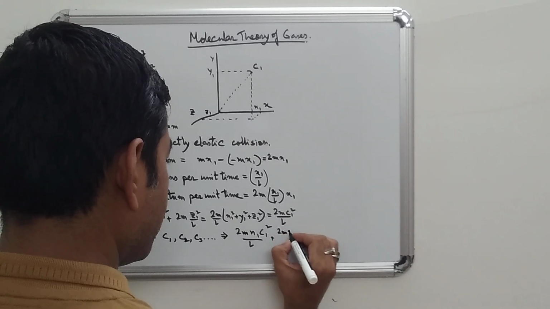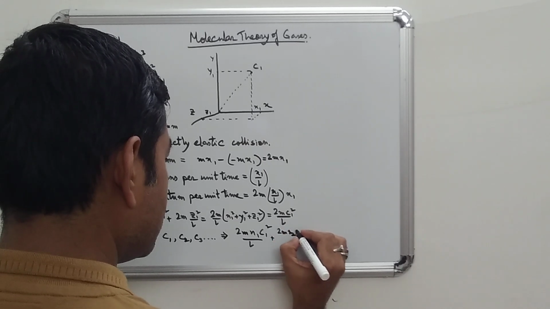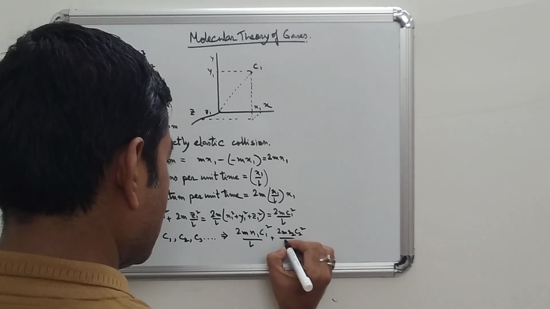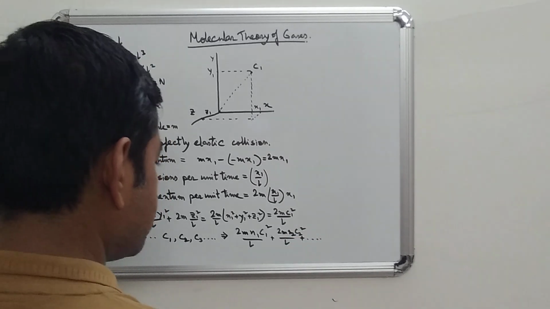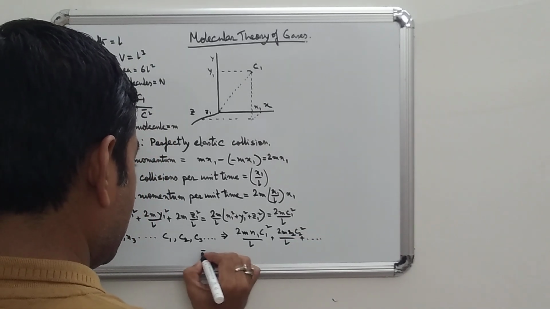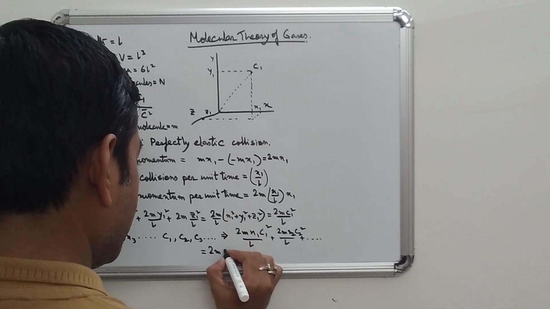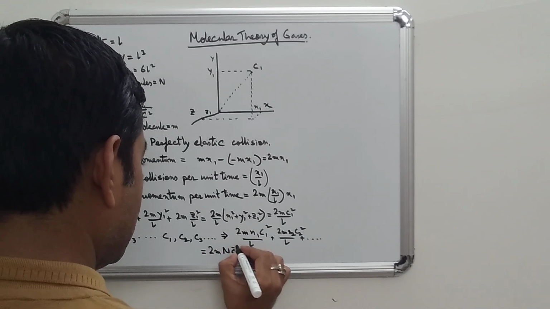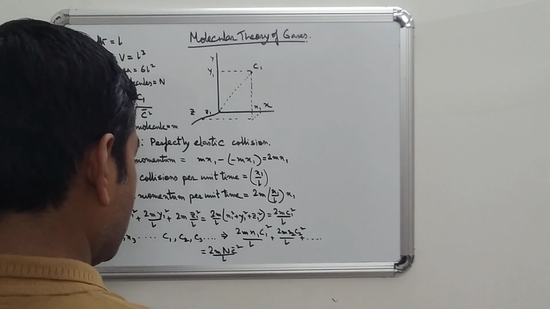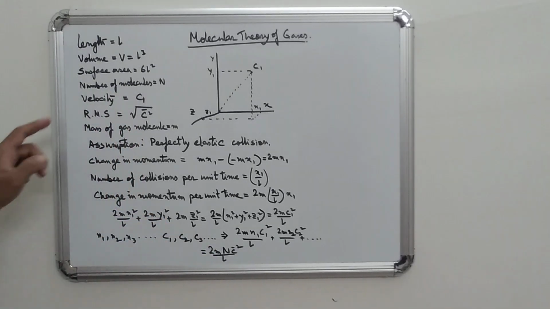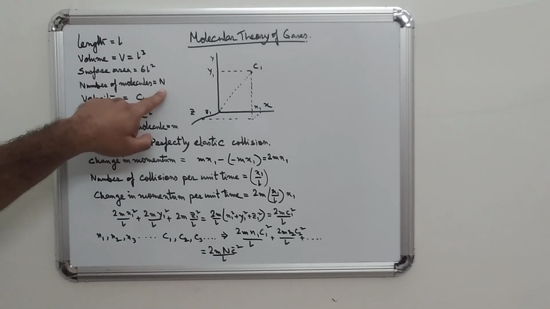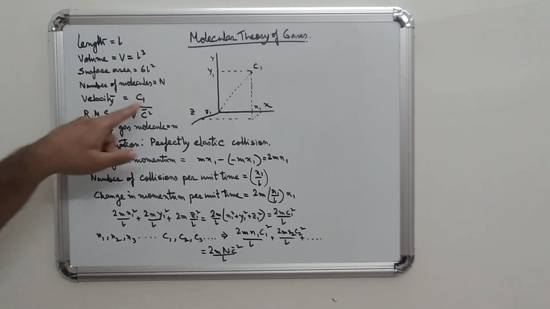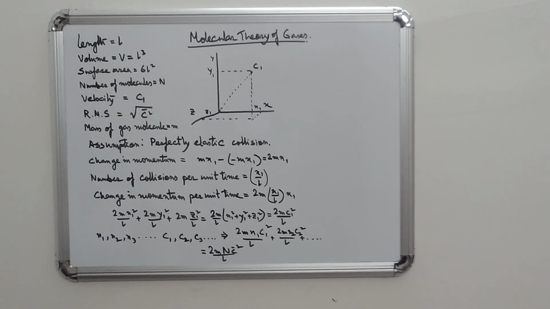Similarly, 2m n2 c2 square by L, and so on. It can be 2m capital N c bar square by L, where we have already assumed capital N is the number of molecules and c bar square is the mean square velocity.